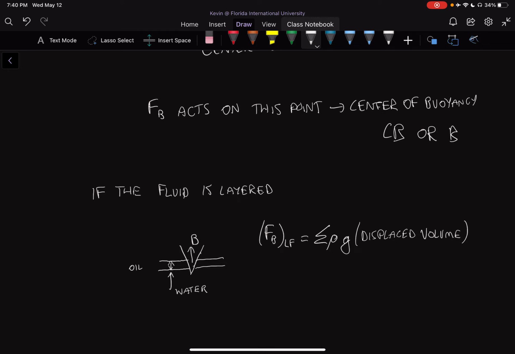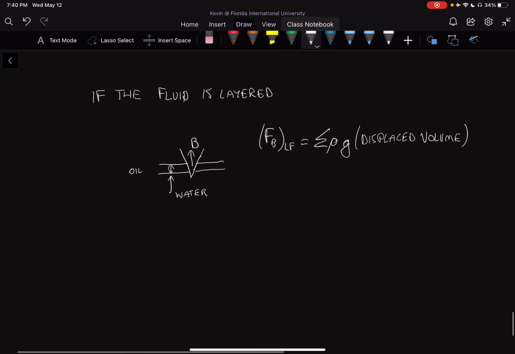So floating bodies are a special case. This is for completely submerged bodies, but floating bodies are a special case. Why are they a special case?